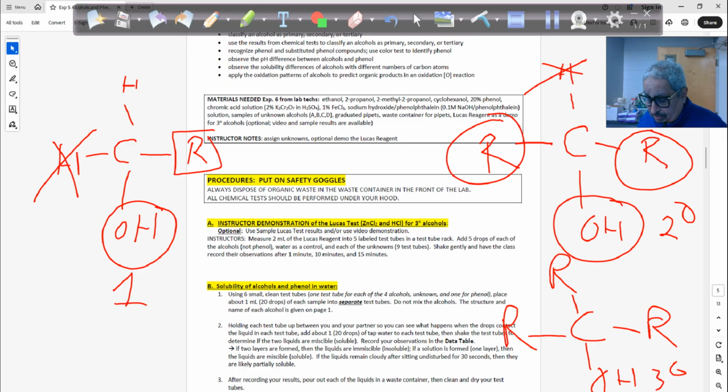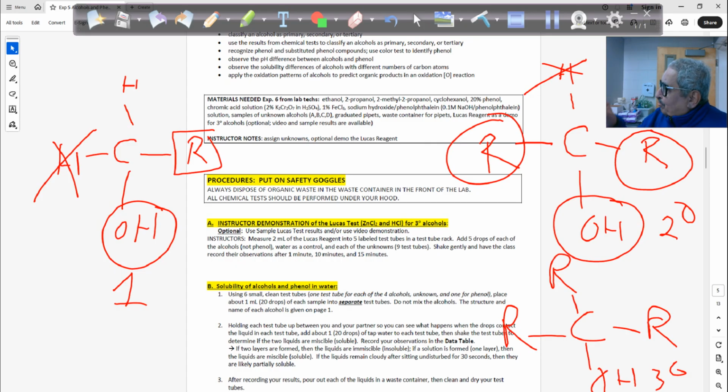Phenol is a very aggressive compound. So for acidity, you will take all the test tubes, and then you will have a solution made of phenolphthalein, an indicator, and sodium hydroxide. You take a solution that's pink to begin with. You dump it in all those test tubes. All the alcohols will give you no reaction.